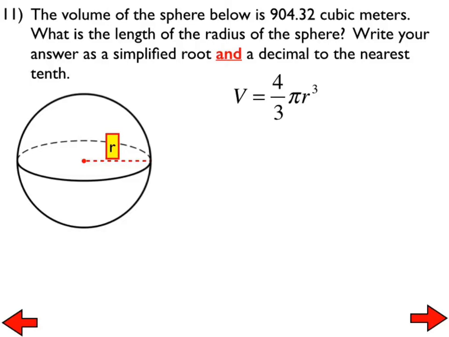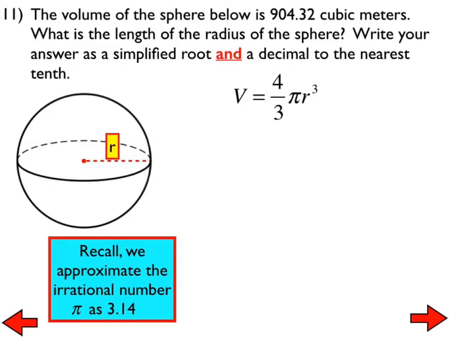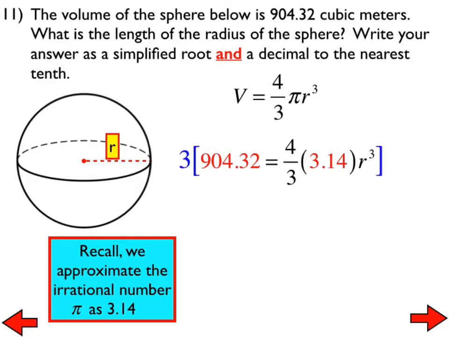All right, so we have the volume 904.32. We know that pi is 3.14, or that's the approximation that we are using. From here, like the last one, there are lots of things you could do, but I'm going to get rid of that denominator by multiplying both sides by 3. And when I multiply this side by 3, I'm going to have a big number.